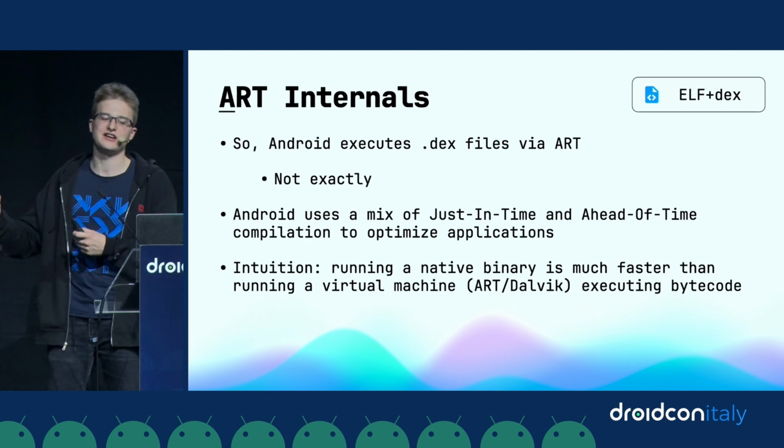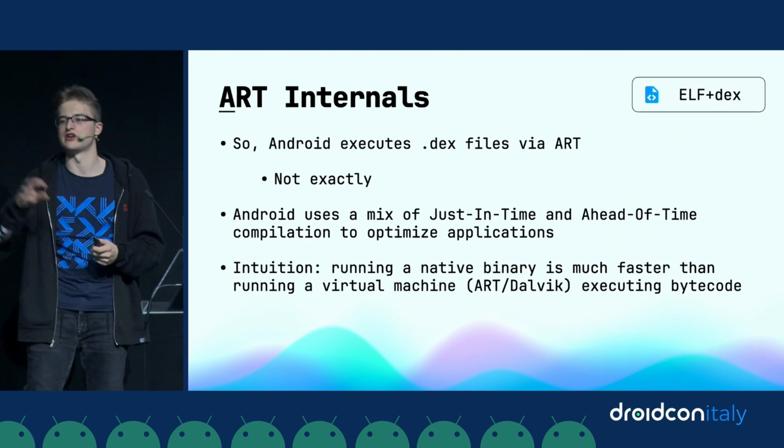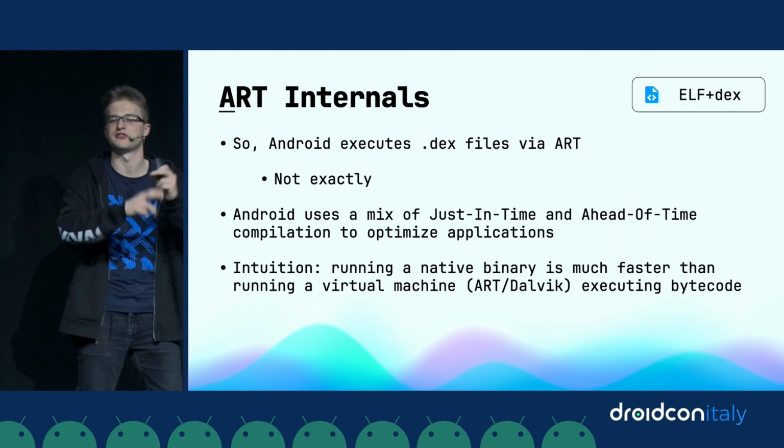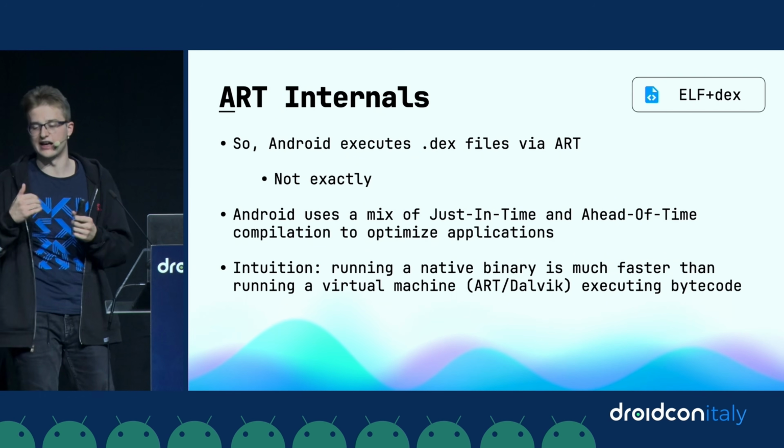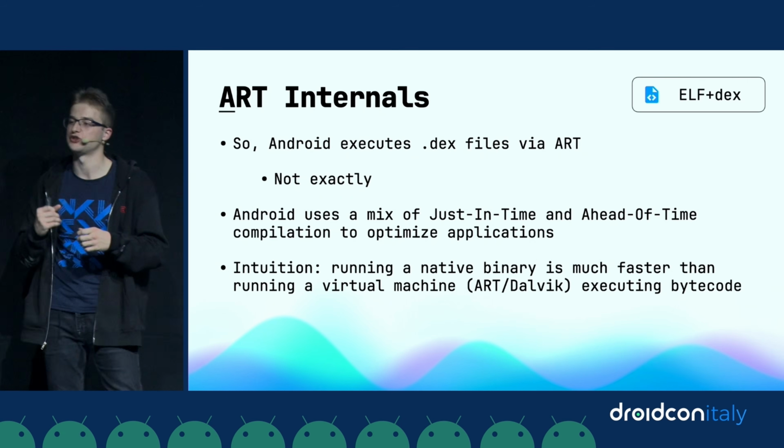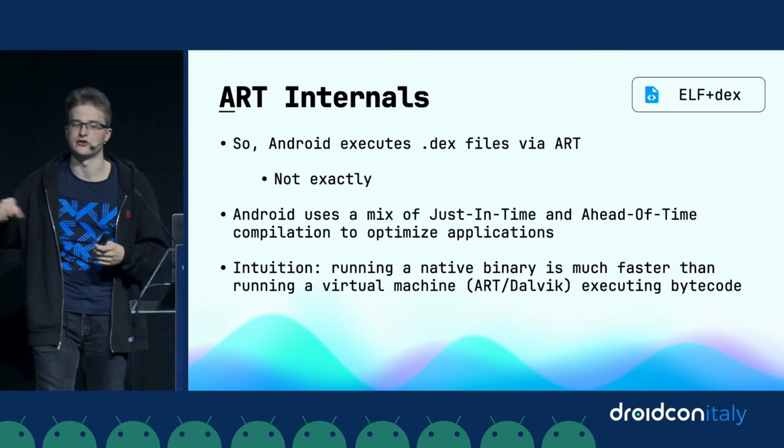So we've said that Android executes DEX files using ART, the Android Runtime, which is a simplification. It's not strictly true, because Android optimizes a lot of applications even after they've been compiled and installed on the device.